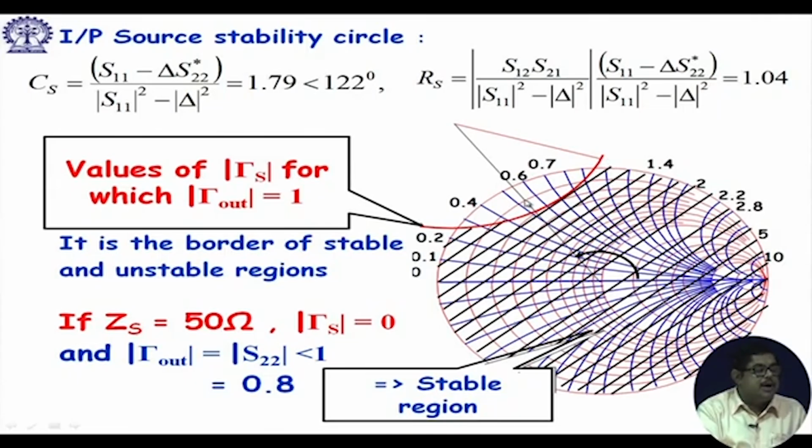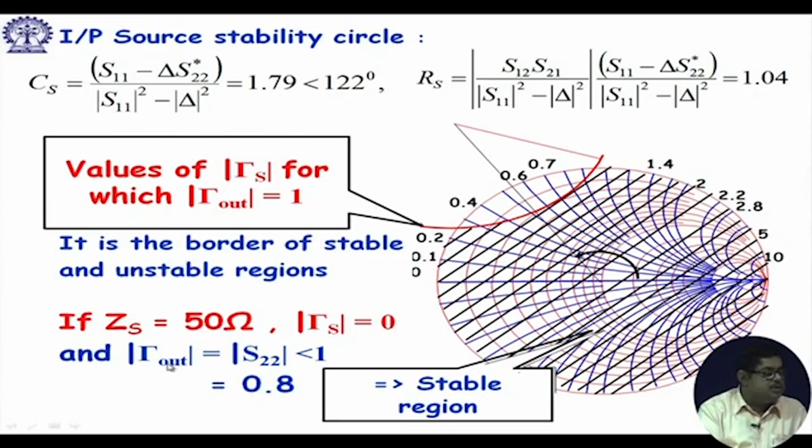Then we need to determine which one is the stable zone. These are the values of gamma s for which the magnitude of gamma out is equal to 1. This is the input stability circle, the border of the stable and unstable regions. As I said, assume that ZS is equal to 50 ohm, so gamma s is equal to 0.